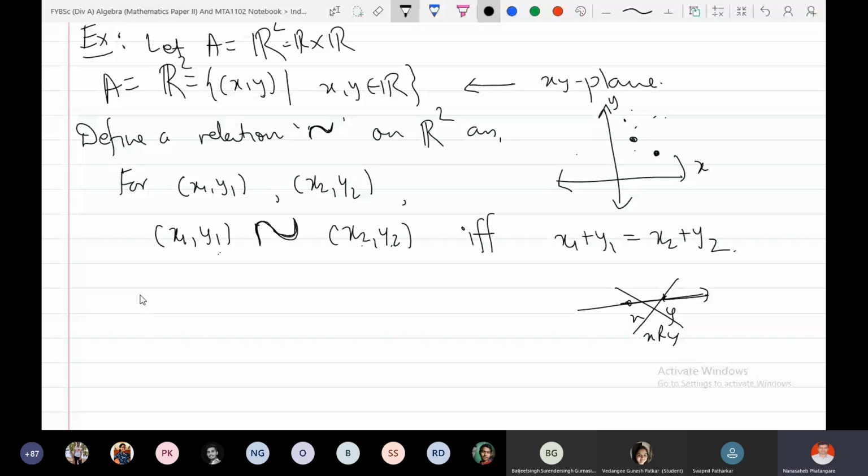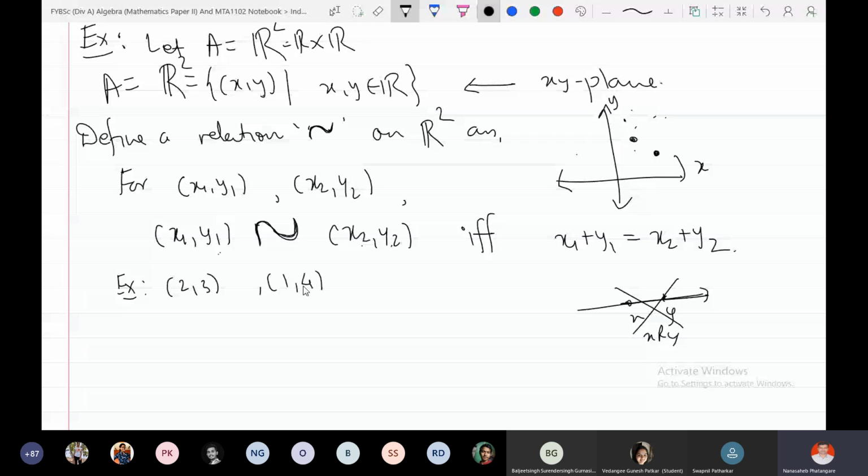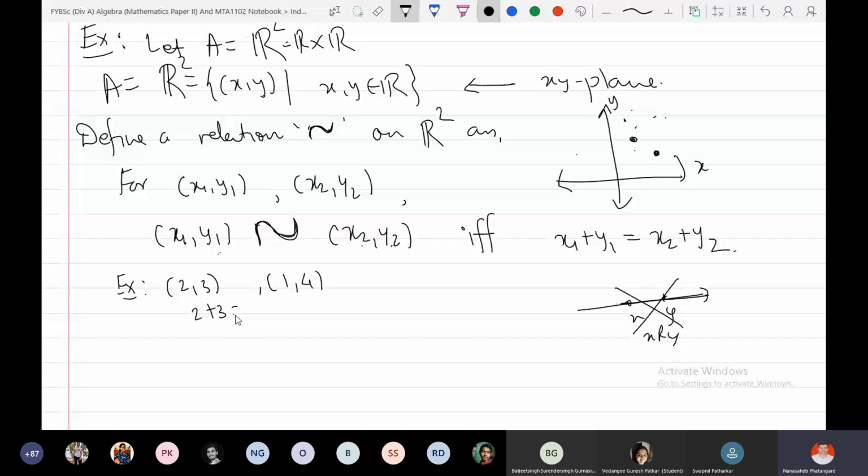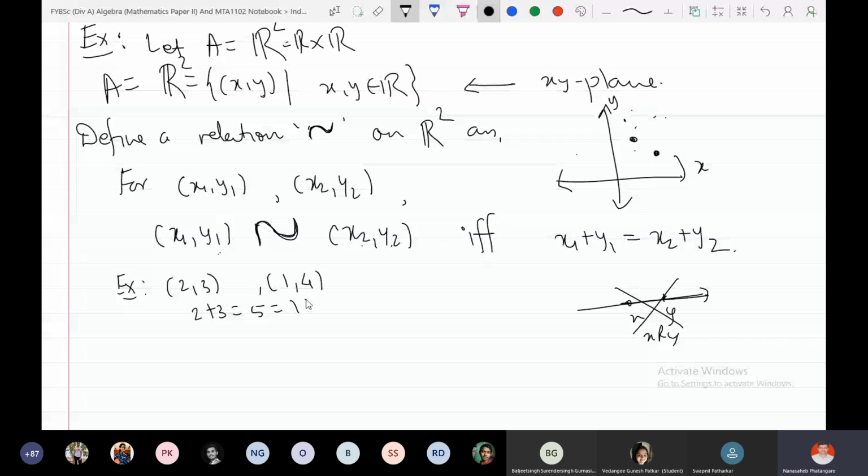For example, if I take (2, 3) and (1, 4), are these two points related? Yes, sir. 2 plus 3 is 5 and 1 plus 4 is also 5. Therefore, these two points are related.